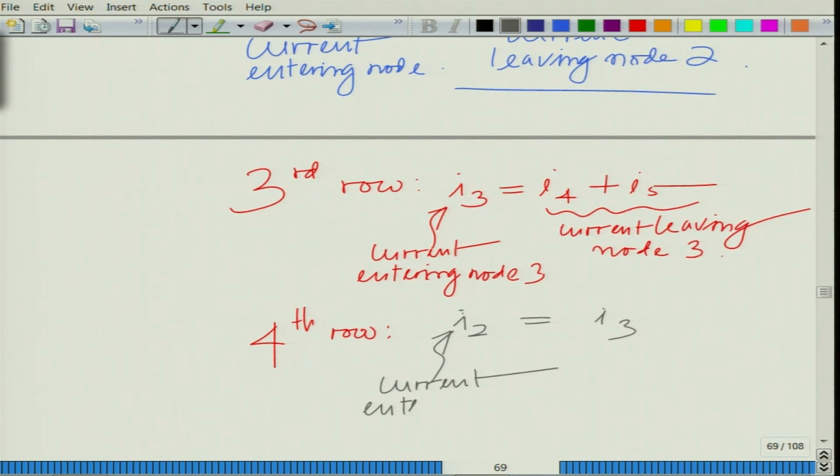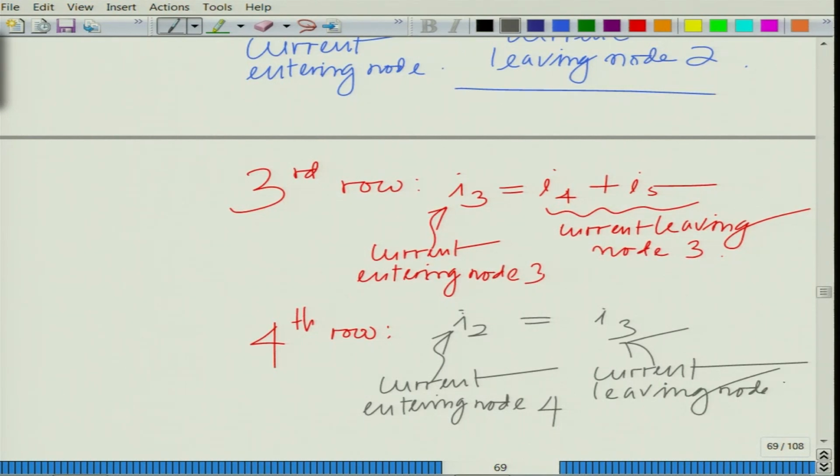This is the KCL for node 3. And finally, expand the fourth row of A transpose. You get I2 equal to I3: I2 is current entering node 4, I3 is current leaving node 4. And you have the KCL for node 4. That is essentially what you have.